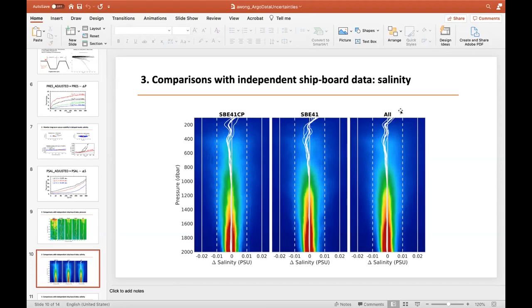The conclusion here is the same. We don't see any significant bias in salinity between Argo and GoShip. And any bias we can see is smaller than plus or minus 0.01. Now, why do we pick this value 0.01?